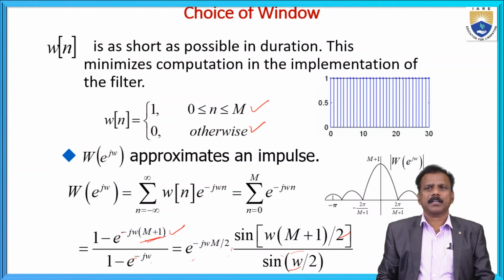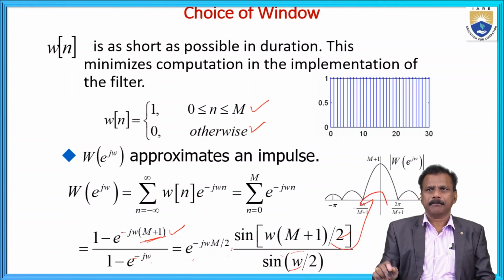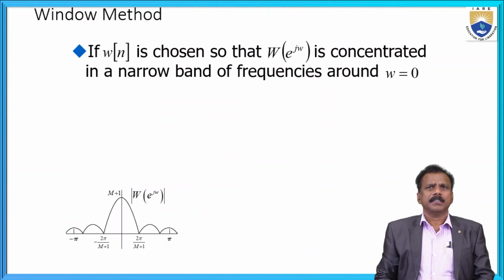So we will expect the sinc-like response here, like that, pi versus M plus 1. Finally, the magnitude of W of e power j omega.